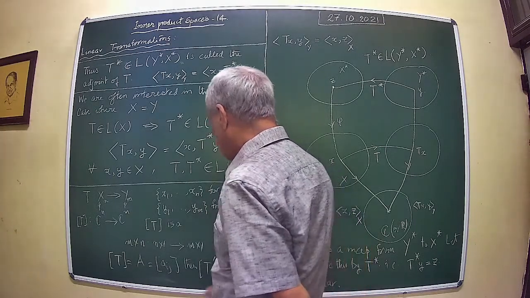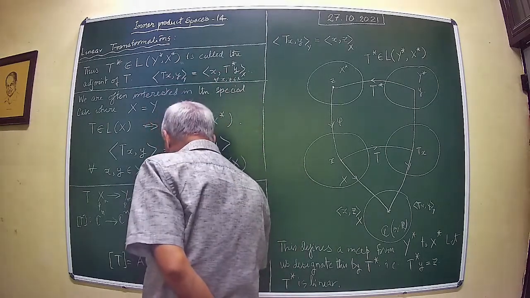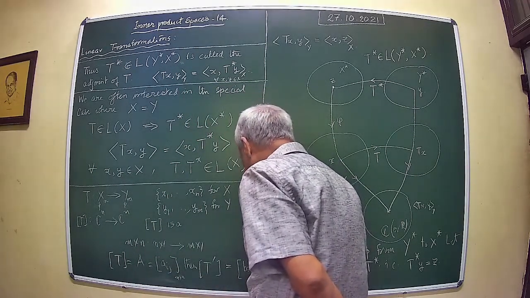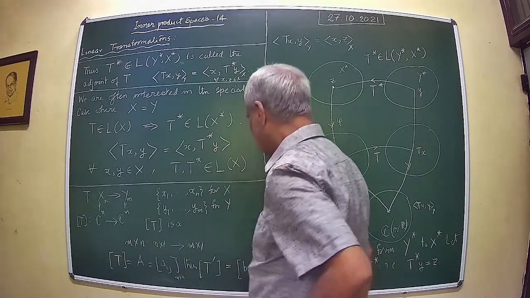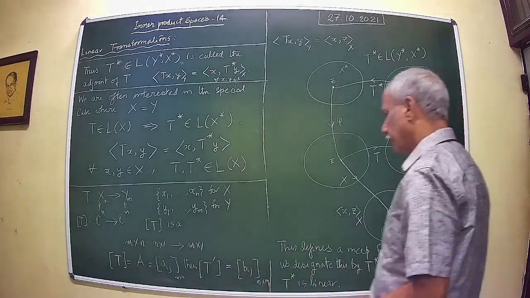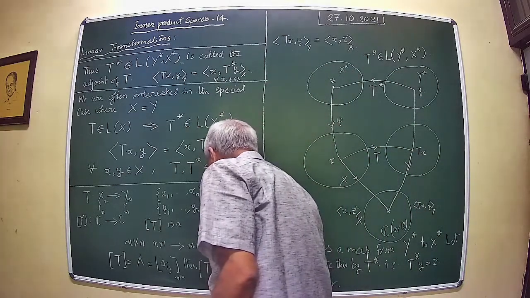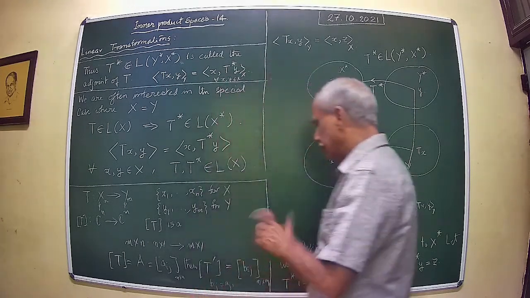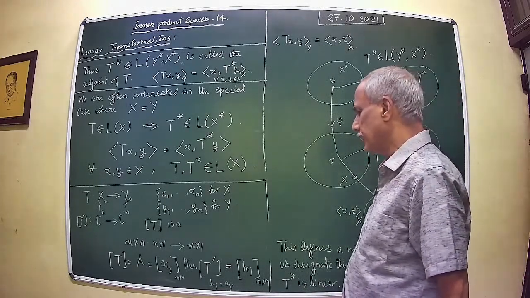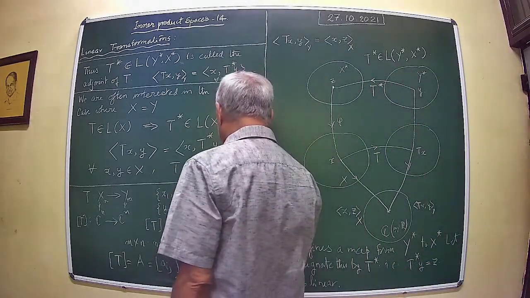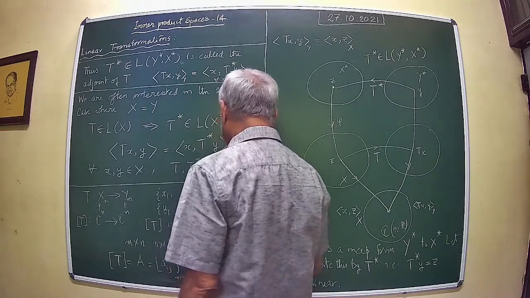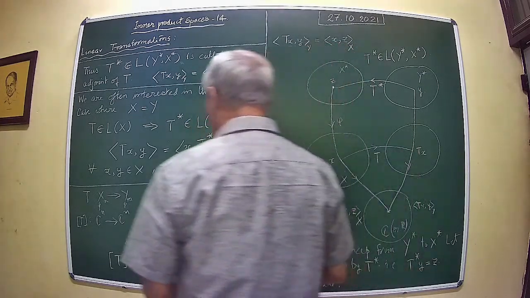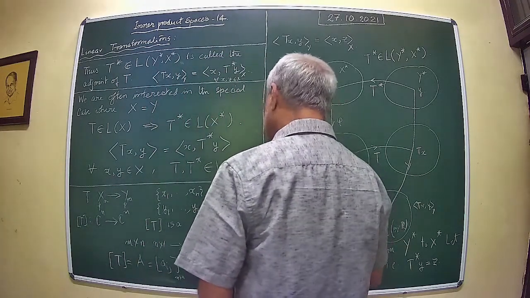Here it is A, then T prime is an n by m matrix, where Bij is equal to Aji. That means the transpose, that is the matrix representation of T prime. Of course, I think we are talking about the matrix representation of T prime.